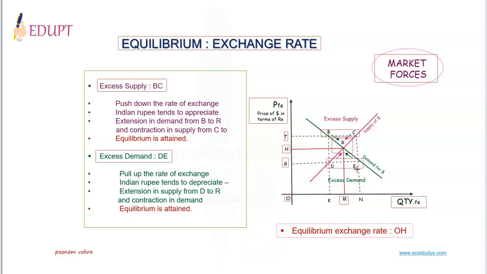So the Indian rupee tends to depreciate, so there will be contraction in demand from E towards R. At the same time, there will be expansion in supply from D to R. And this process continues till equilibrium is attained at point R. So the equilibrium exchange rate is finally decided at price OH.